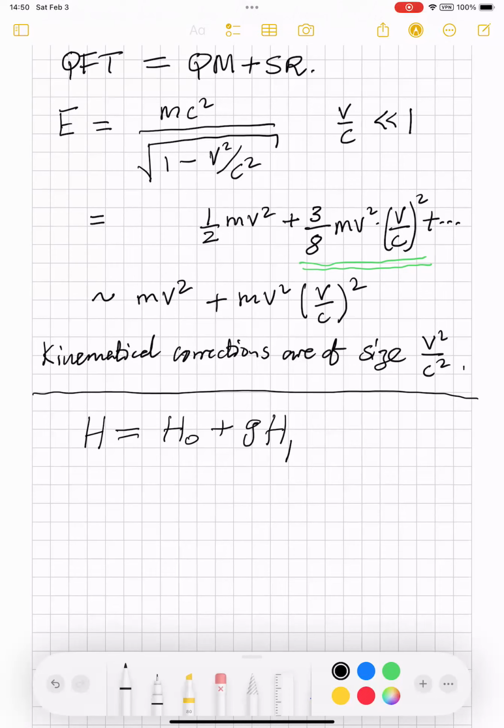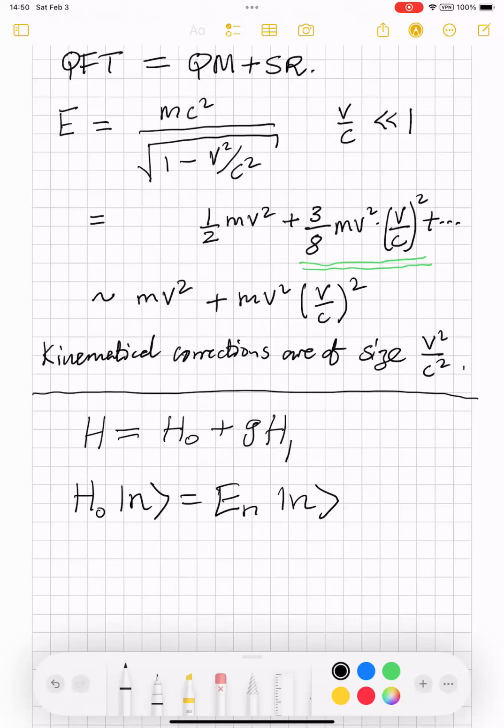The important thing about H naught is that I can solve for the eigenstates and eigenenergies of H naught exactly. So H naught acting on eigenket n is some energy En acting on eigenket n. Now these are not the energies and kets of the exact Hamiltonian. They're the energies and kets of the unperturbed Hamiltonian.